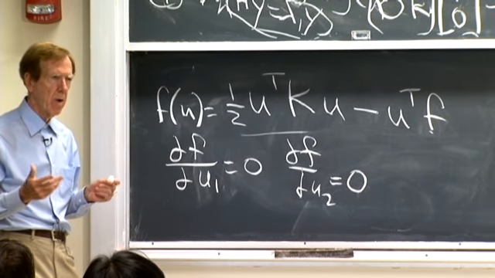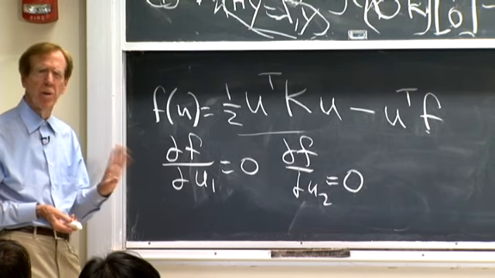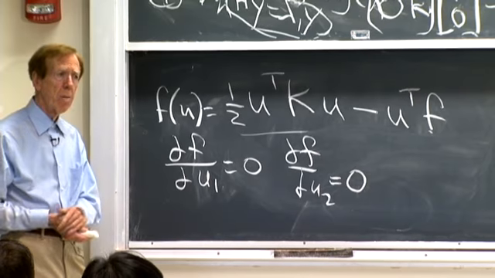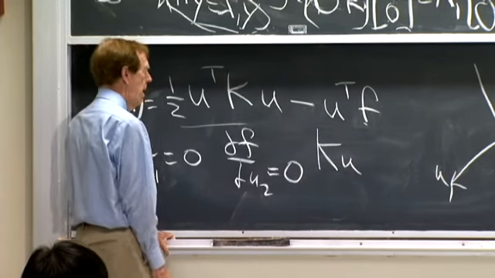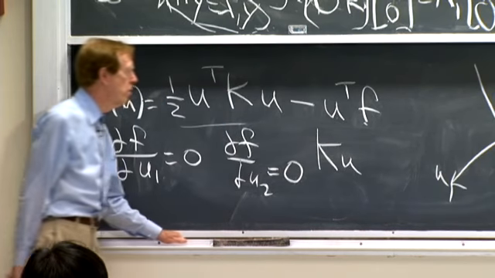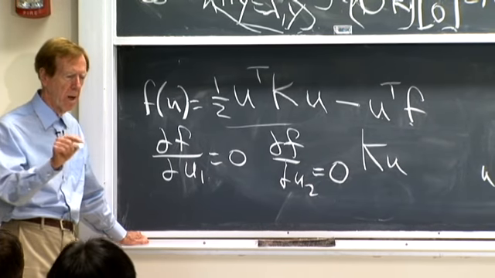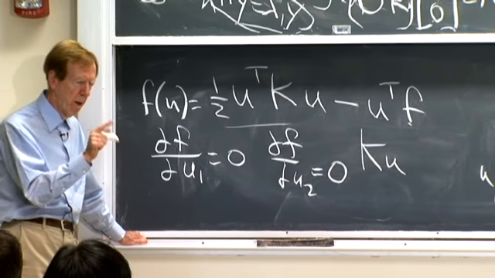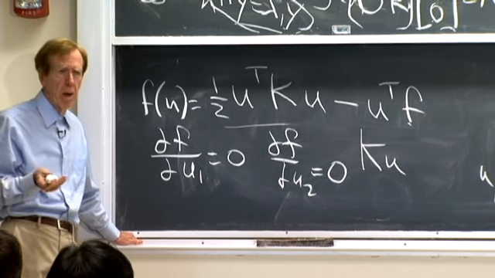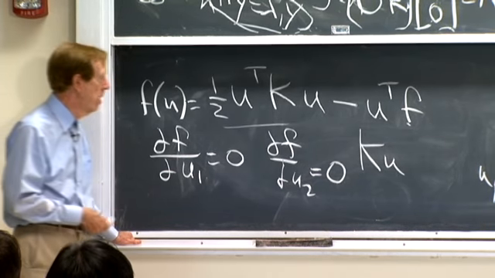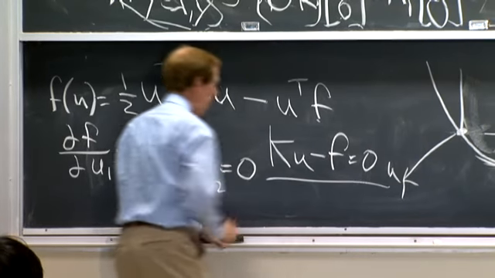If I took the derivative with respect to u, it'd be ku. And it works here in the matrix case. And what would be the derivative of u transpose times f, if u was just one number and f was a single number? The derivative would be f.